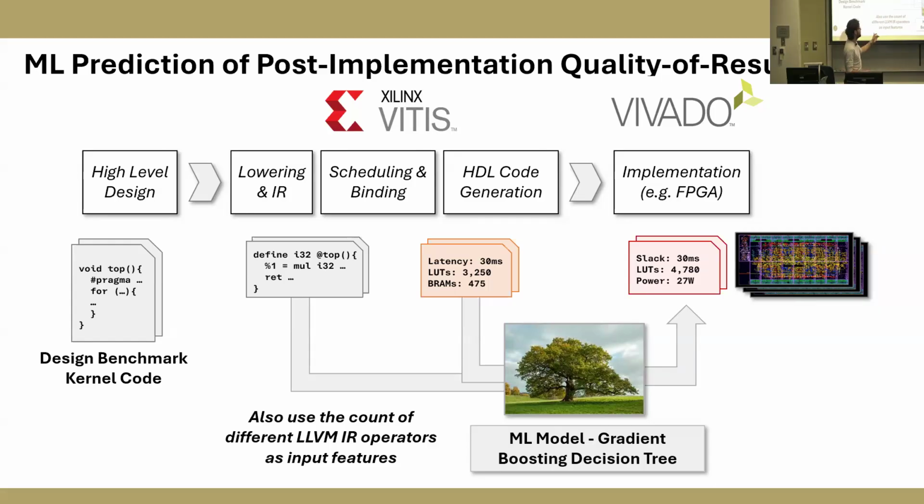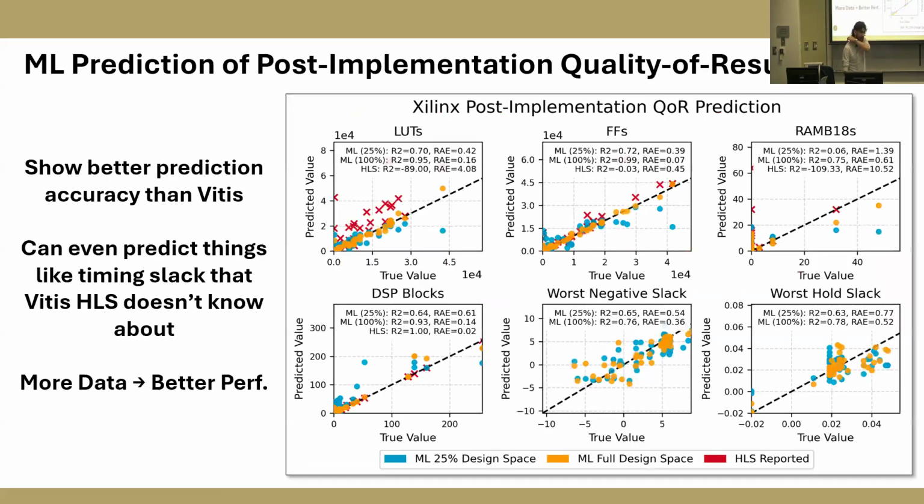And then we feed it to a simple ML decision tree model, and we predict what Vivado will actually do, right? And generally, this is accurate. And the more data that we use through our sampling, the more accurate we're able to get it. And we can even predict things like timing slack and timing violations that you can't even estimate from Vitis HLS, right?